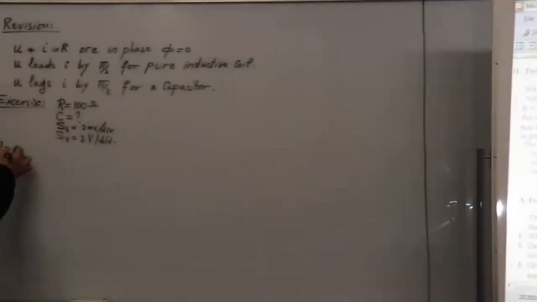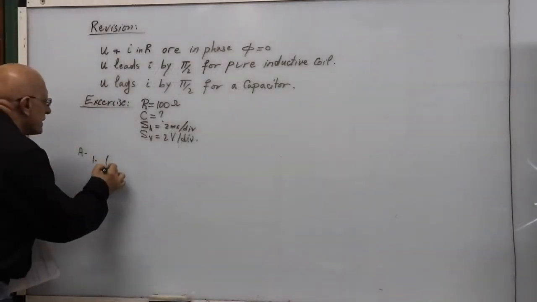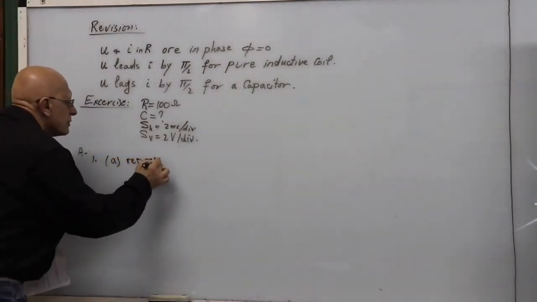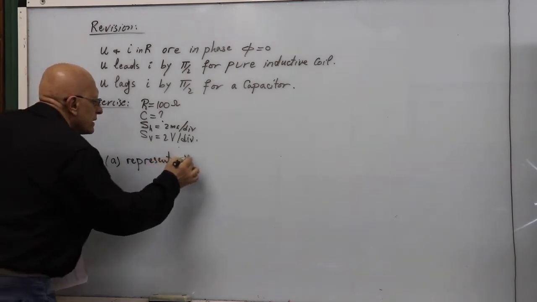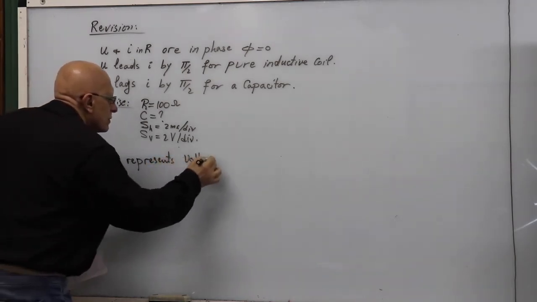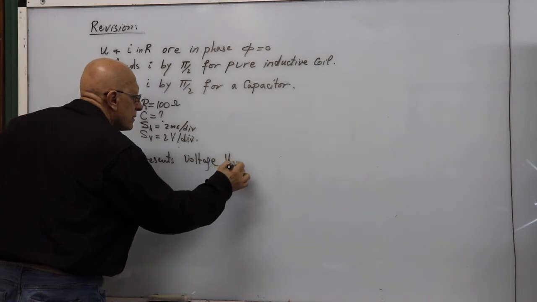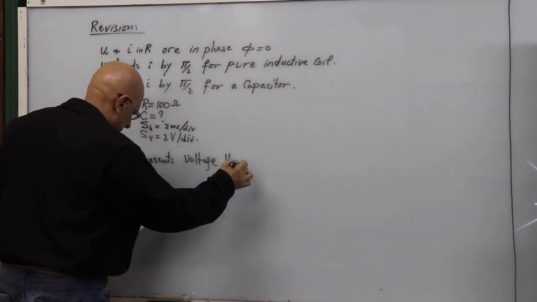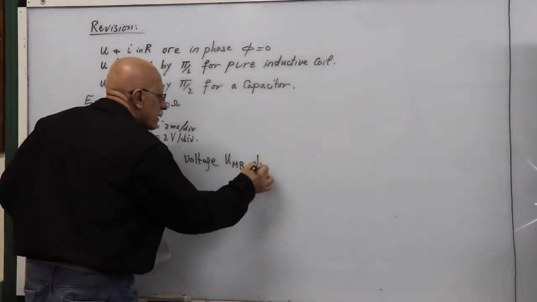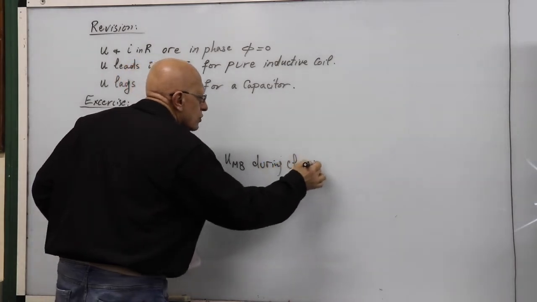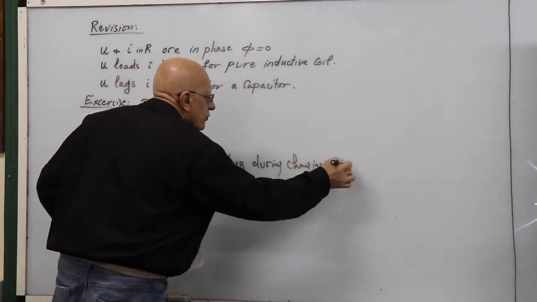A represents voltage UMB during charging of C.